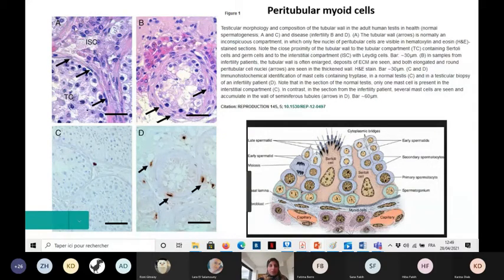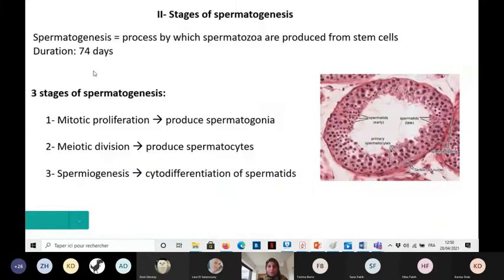Those are the testicular seminiferous tubules, and this is the interstitial space, and this is the basal lamina and the lamina propria of the seminiferous tubule.